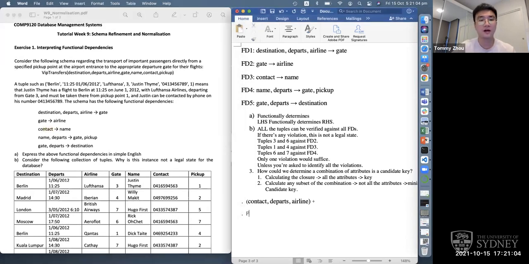So by applying FD3, we get the first step of calculating the closure by adding which attribute? Name, right? And get rid of the plots there. Next, which FD can we apply? We have contact, name, and departs. So now we're able to apply FD4, just because we've already got name and departs in our combination.